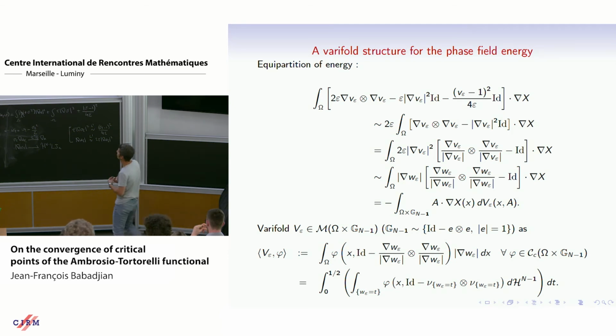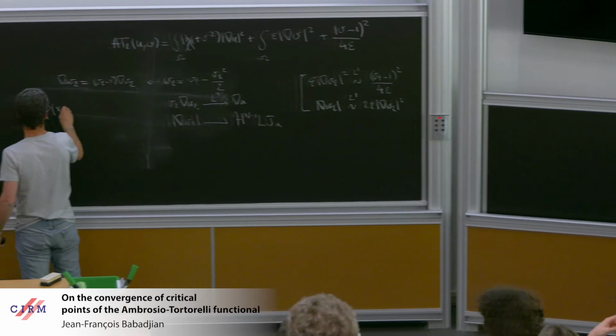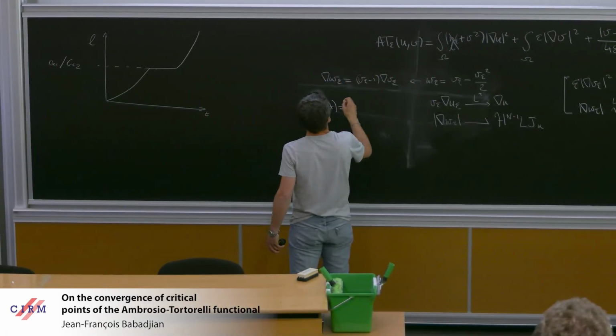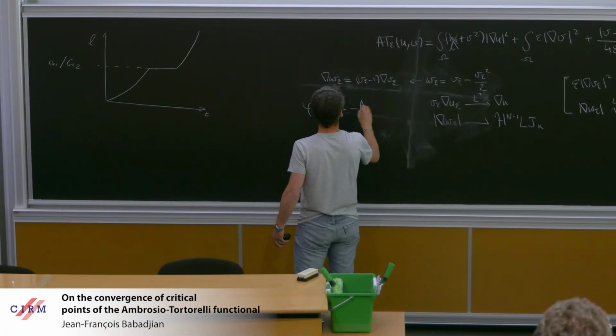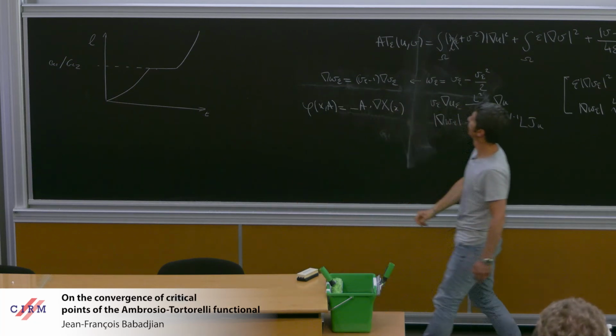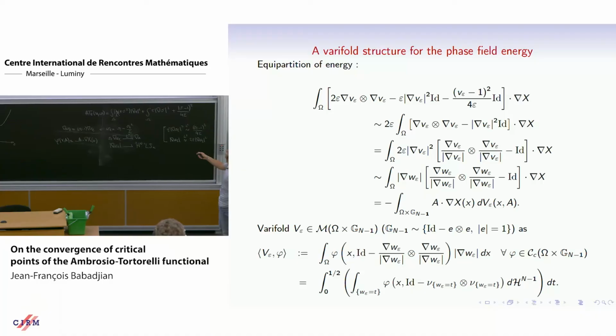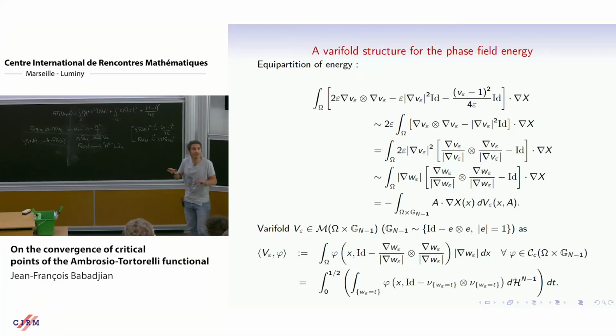So my test function phi of x, A here is just minus A scalar product gradient of capital X of x. This is the test function that I use to rewrite this expression. So I did nothing. This is just another way to rewrite the same thing.